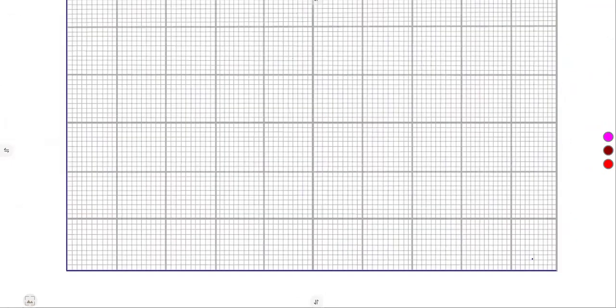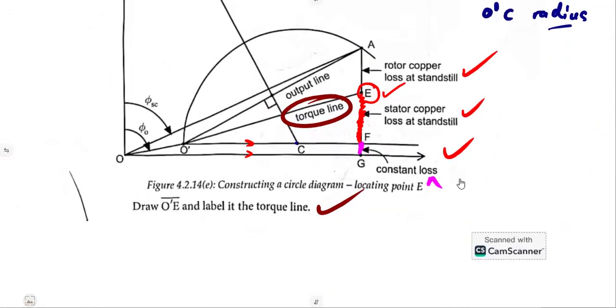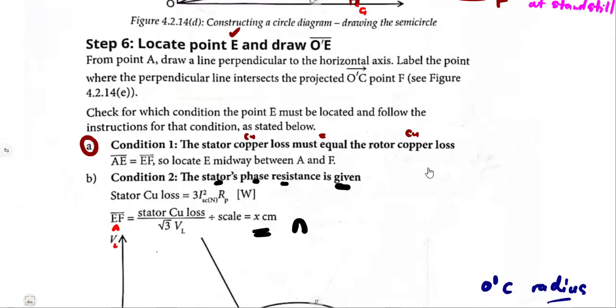All right, if you still remember this part when we're referring to locating the point E. For us to locate the point E, there are conditions that we can be given there. And in the last presentations, we had the first condition, where the stator copper loss must be equal to the rotor copper loss at standstill.